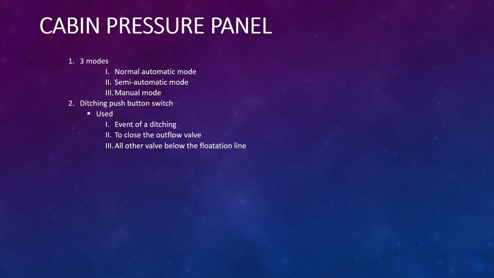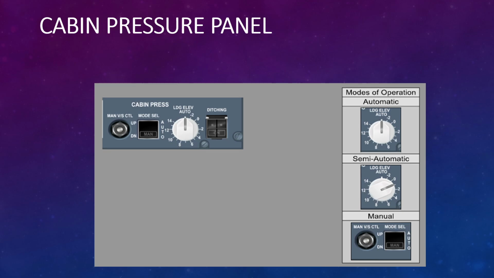So let's start with the bigger picture of the cabin pressure panel. We have the manual vertical speed controller and the manual mode selector. If this doesn't have any lights, that would be automatic. But when you press this, the manual light will come on.